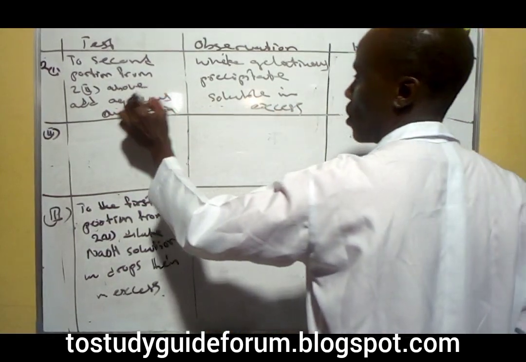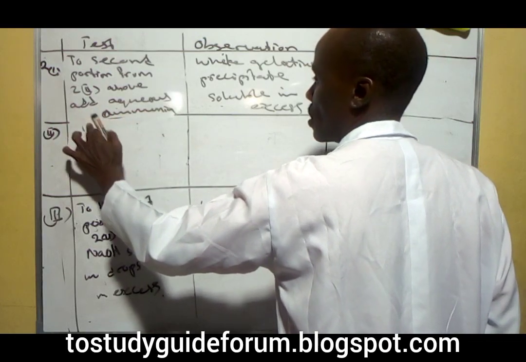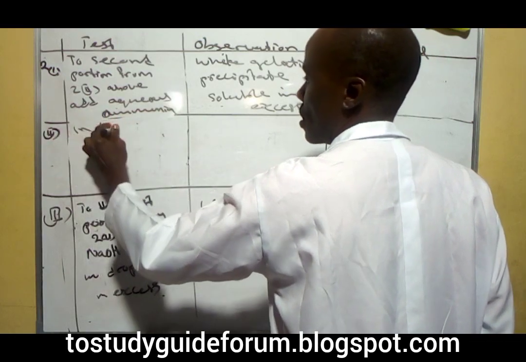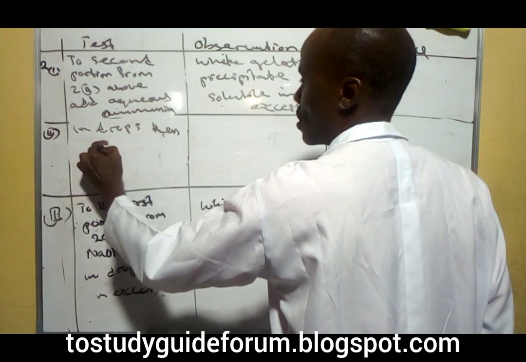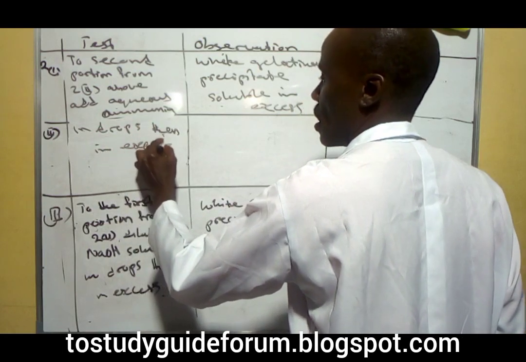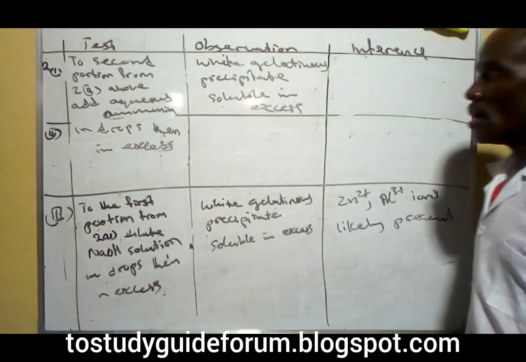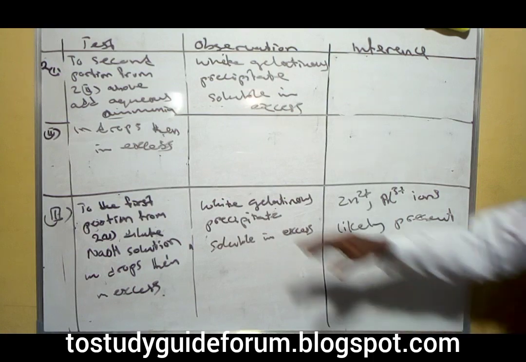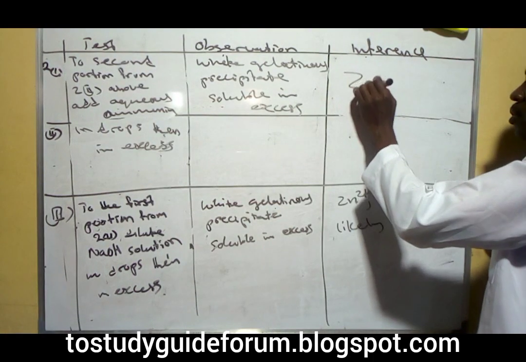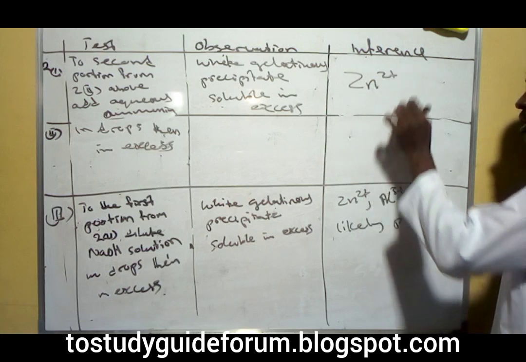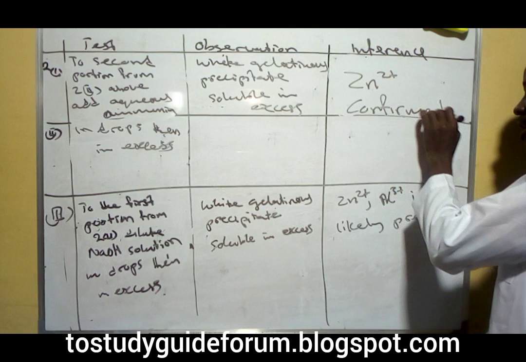We added it in drops, then in excess, and we find out that the precipitate is soluble, which means it's only zinc that is soluble. In that case, that means zinc ion confirmed.